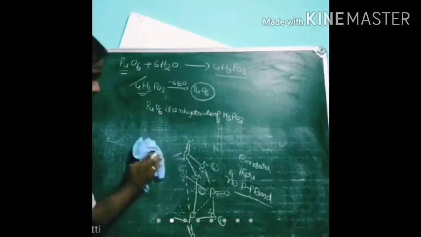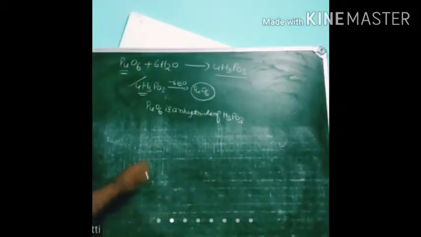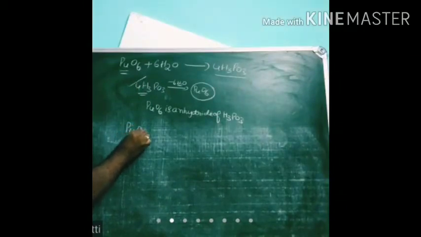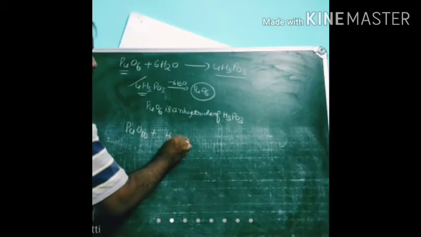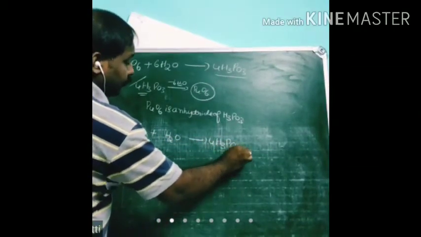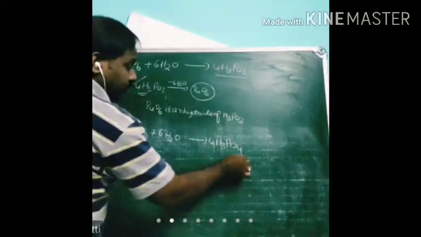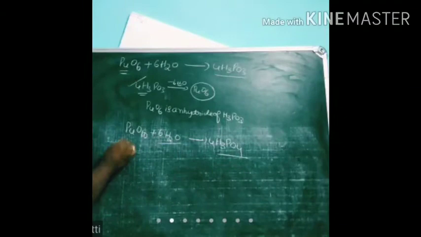Similarly, if P4O10 is subjected to hydrolysis, then you will get 4 moles of H3PO4. Here also 6 moles. From this H3PO4, if you remove water molecules, then you will get P4O10.